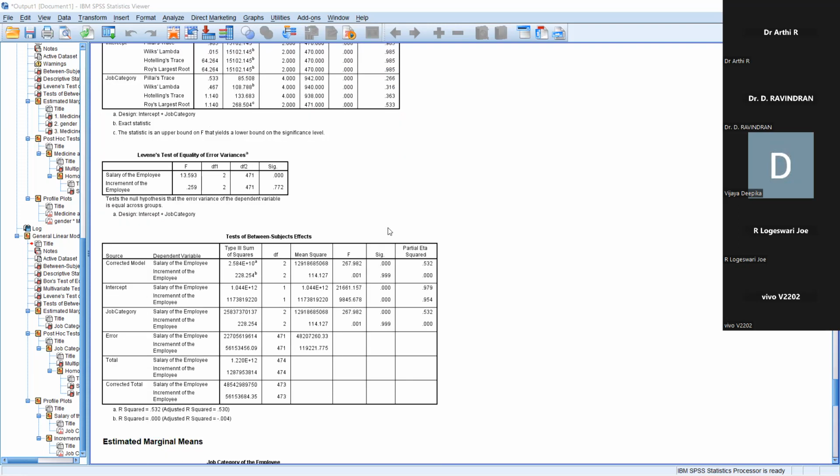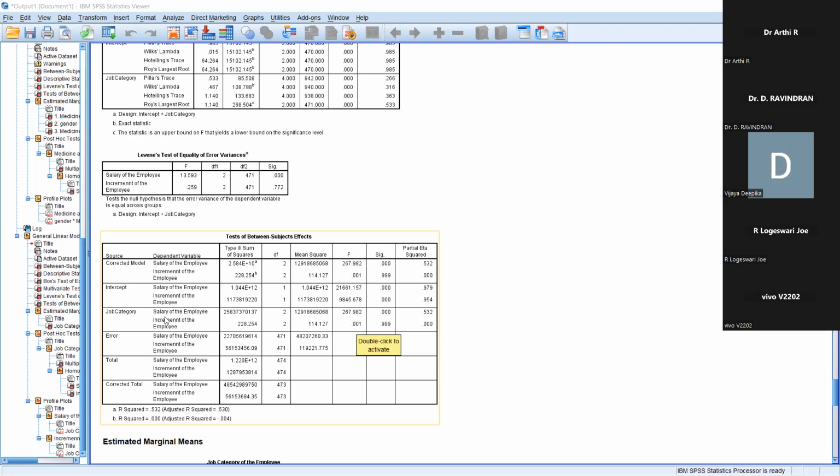Then coming to the tests of between-subjects effects, you check your job category. The same thing, here the F value is there, significant value is there. For increment, it is not significant. Only salary with the job category is significant.